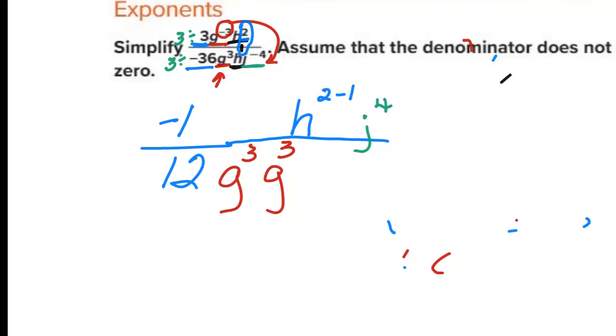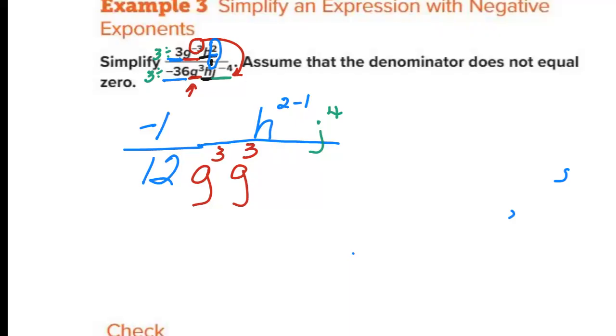All right. I know the bell rang. We'll stop as soon as I get done with this. And so we have negative h, and that is to the first power, j to the fourth power, all divided by, I have a 12, and I have g to the third times g to the third.